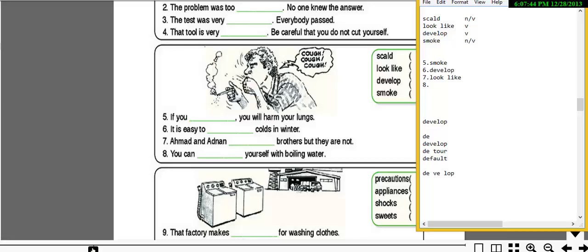So you go to number 6 because it's easy to get cold, for example, in winter, which is developing cold, and you can scald yourself with boiling water, which means get yourself burned, let's say, or hurt with a burn on your skin.